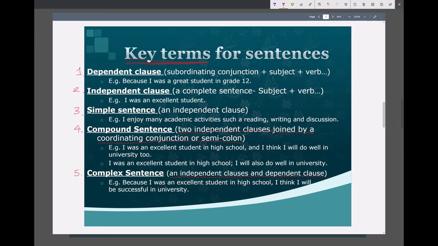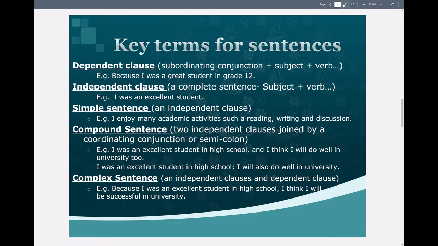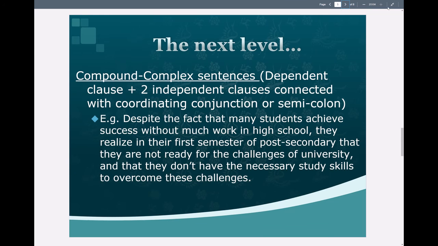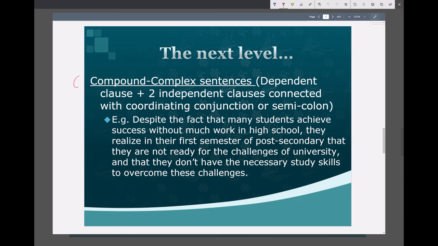We're going to go over these details using the Cornell Notes system. Now there's actually going to be one more on the slide. And that's number 6, the complex compound sentence. And we're going to note what that is and how to use it.